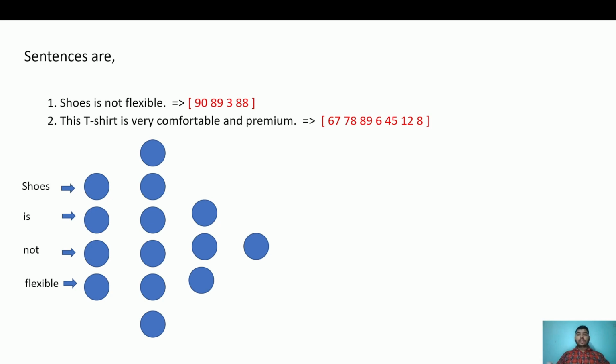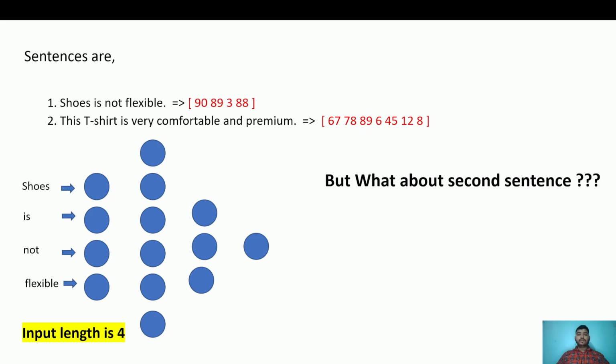As you know, we have to convert the entire text into vectorized, or numerical, form, as a machine cannot understand text data. So here we converted the entire sentence into the vectorized format. Now the input is 4.